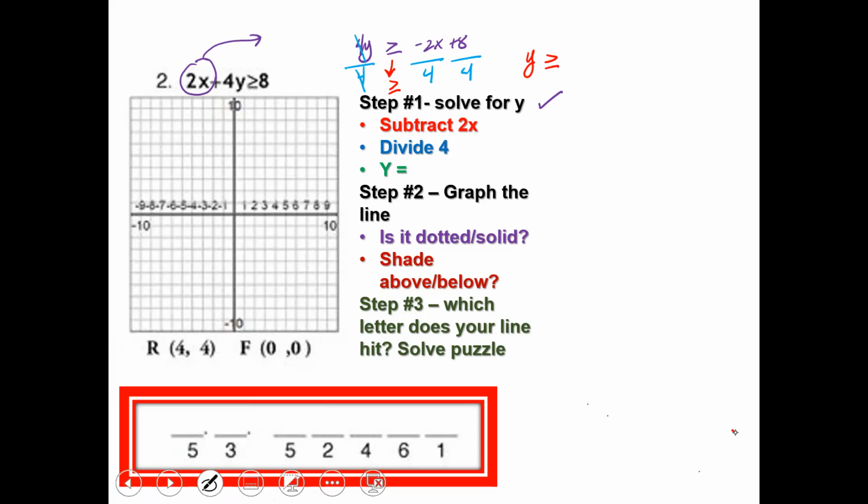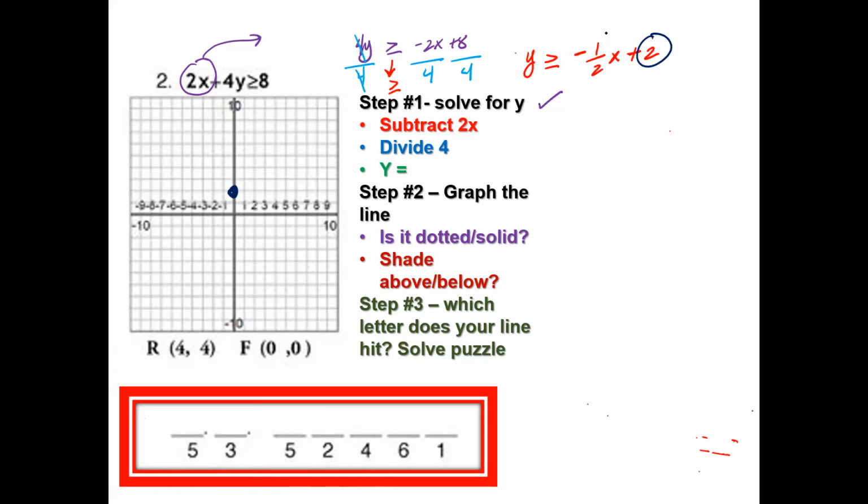I have a negative 2 over 4. I could reduce that to a negative 1 over 2x. And then 8 divided by 4 is going to give you a 2. So then let's go ahead and graph this. I'm going to start off at the 2, so go up 2.